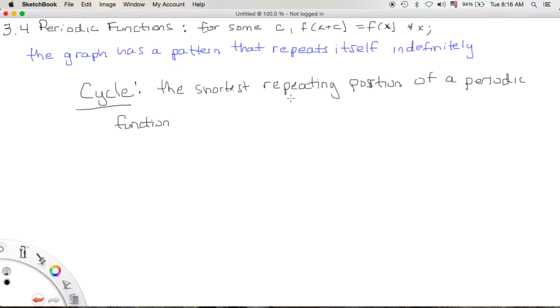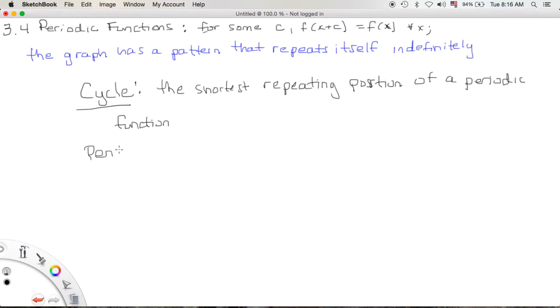So when we said we had hat, baseball, bat, that would be one cycle of our pattern. For a graph, it's the same thing. We have a piece of the graph that repeats, and that small piece is called the cycle.